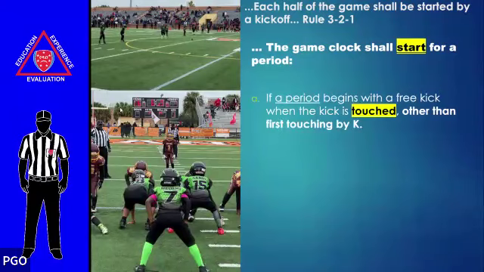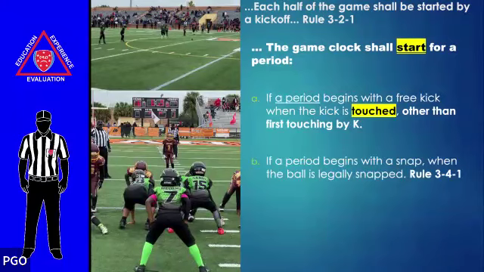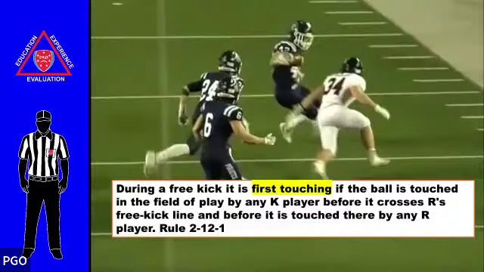If the period begins with a free kick, the clock starts when the kick is touched, other than first touching by K. And if the period begins with a snap, the clock starts with a legal snap. So let's look at Section A right now.